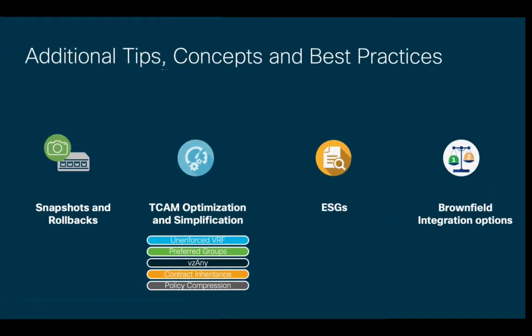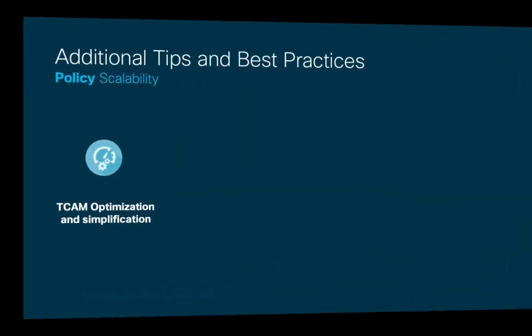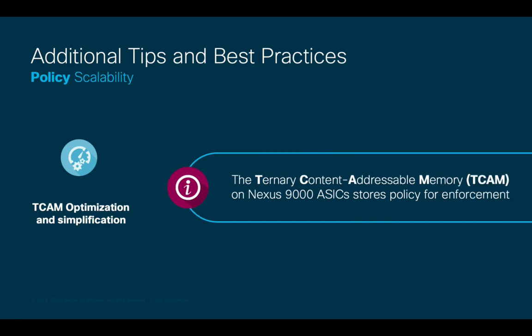Now, in terms of resource and policy scalability, there are a few features that can help maximize switch and TCAM resources, especially in large network environments. The TCAM is a specialized high-speed memory, part of every Nexus 9000 switch, and it is where policy configuration is stored. The more contracts we have in our ACI configuration, the quicker the TCAM may fill up.